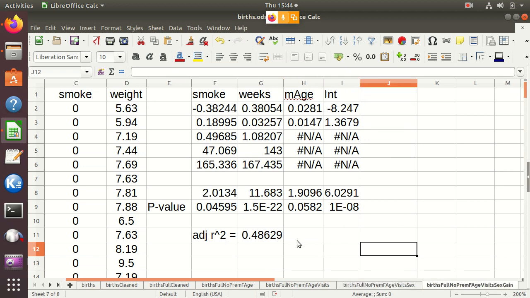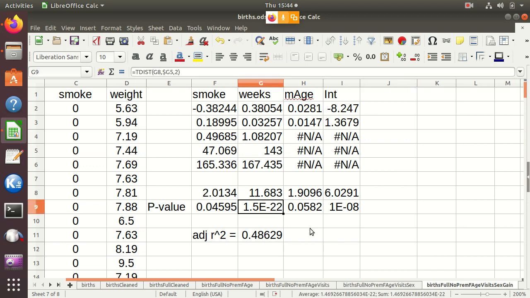And so I take that out and I'm down to just 3 explanatory variables. Smoking, the length of the pregnancy, which is by far the most significant thing. Absolutely by far, right? Because it's 10 to the negative 22nd. And then the mother's age.